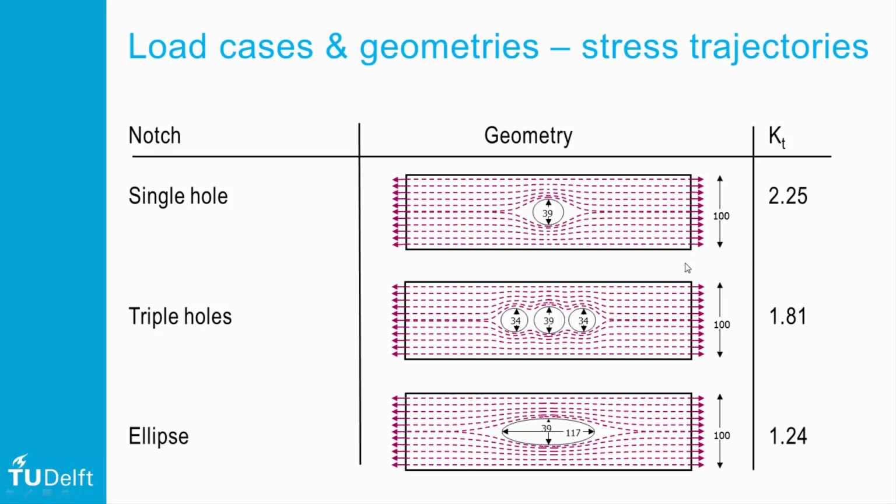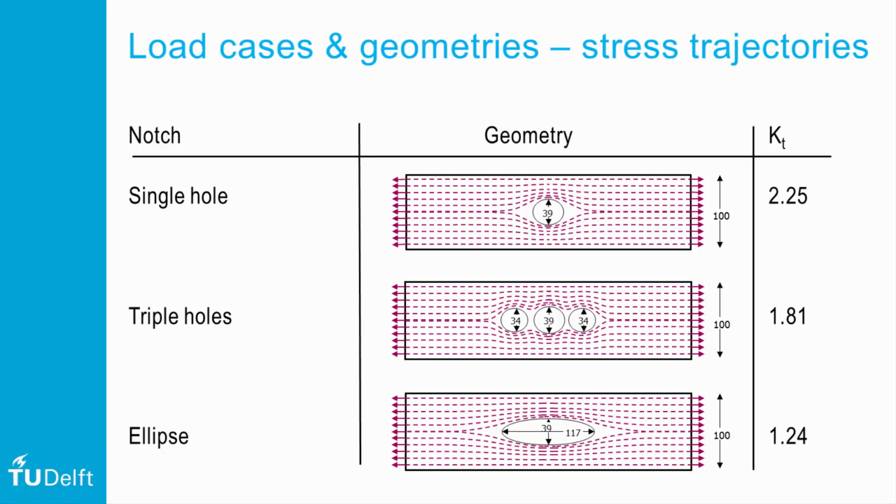If we add holes with a smaller diameter on both sides of that notch, we effectively reduce the stress concentration factor to 1.8. Obviously, if we replace those three holes by an ellipse with a long axis equivalent to the distance between those holes, then the stress concentration factor is further reduced. Here the stress trajectories are being illustrated because the key thing is that we should identify that the stress concentration factor effectively describes how condensed the stresses locally are at the notch root.